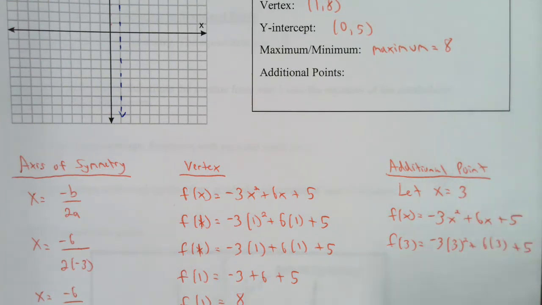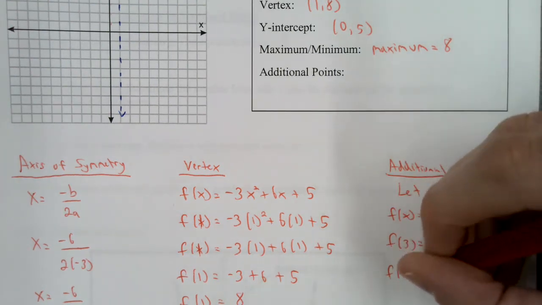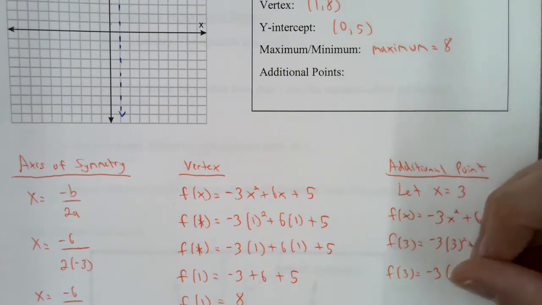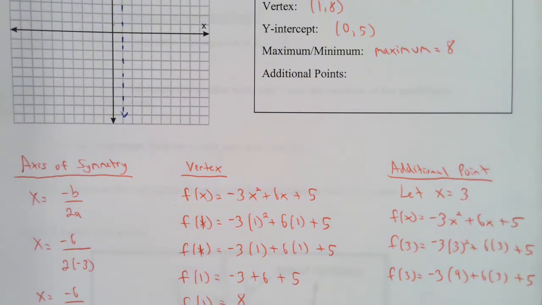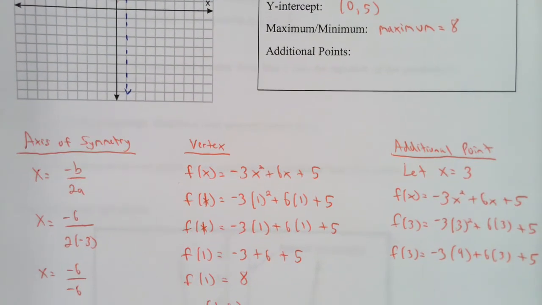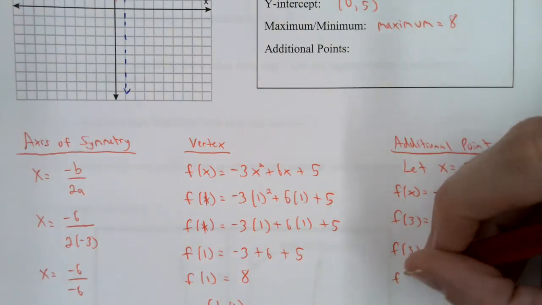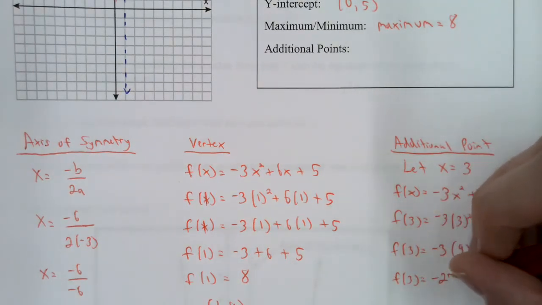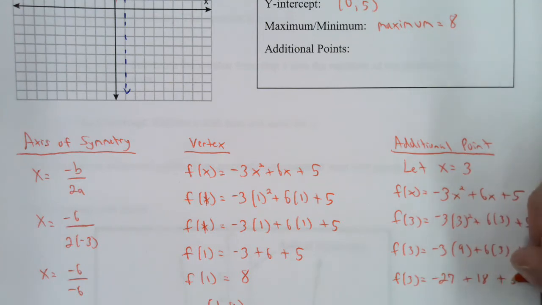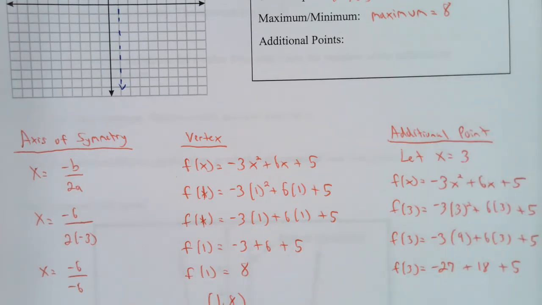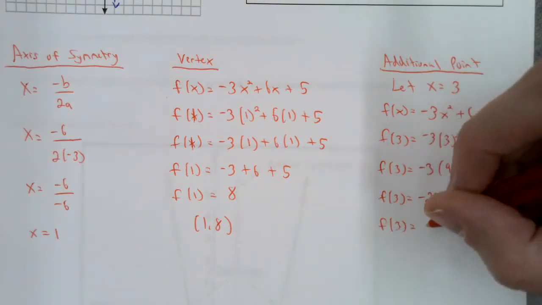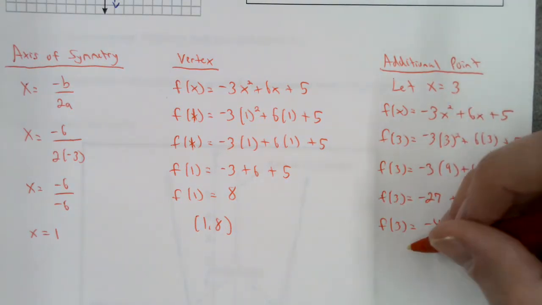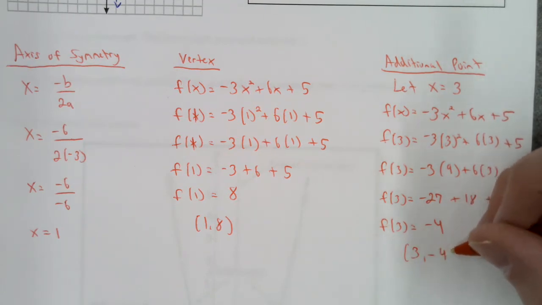This is 3 squared first. So negative 3 times 9 plus 6 times 3 plus 5. It's going to be negative 27 plus 18 plus 5. That gives me negative 4. So that means I have the additional point (3, -4).